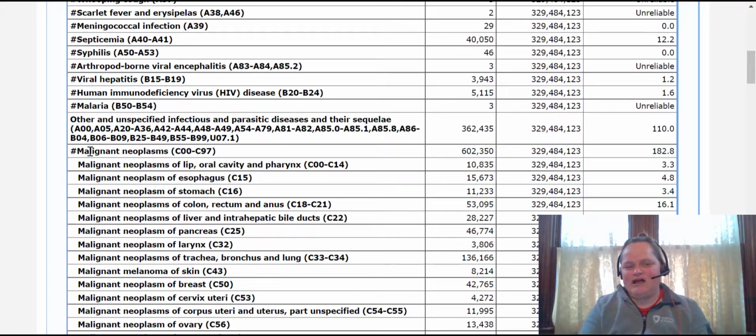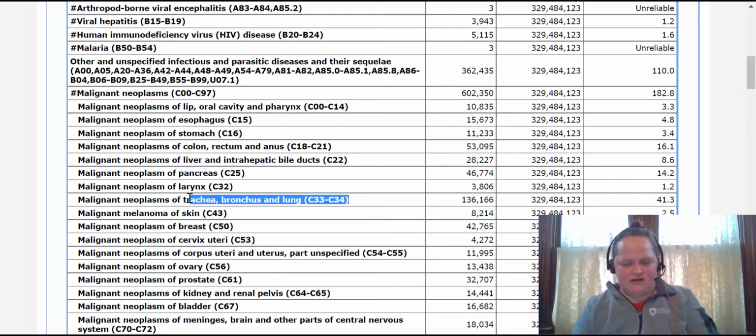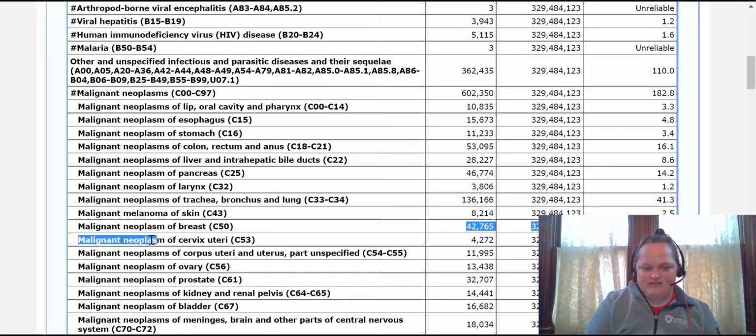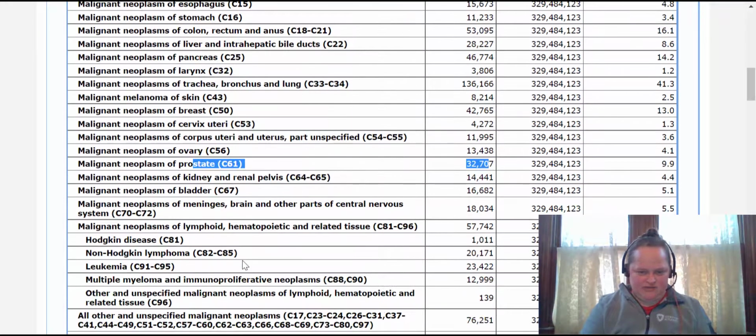Here, the malignant neoplasms, which is cancer, is broken up into the different kinds of cancers. So we can see here's lung cancer and other parts of the lungs. We have breast cancer here, prostate cancer. So both breast and prostate cancers are major cancer deaths.